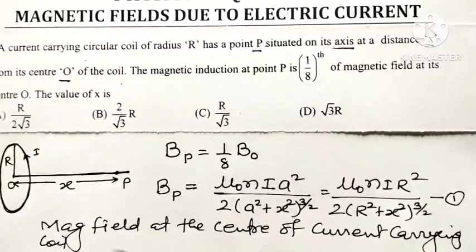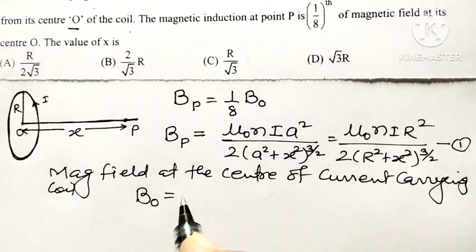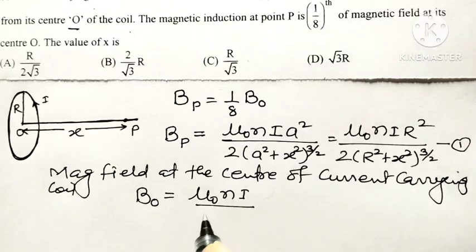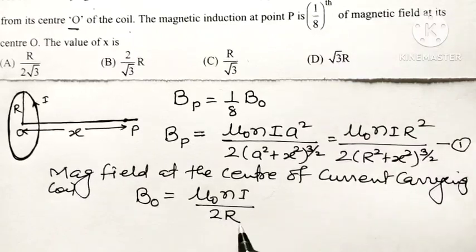It is given by BO, because O is the center, is equal to mu 0 n i divided by 2r. Here the radius is r, so mu 0 n i divided by 2r. This is equation number 2.